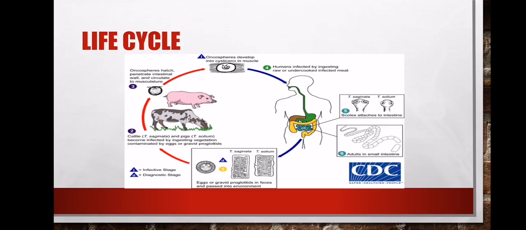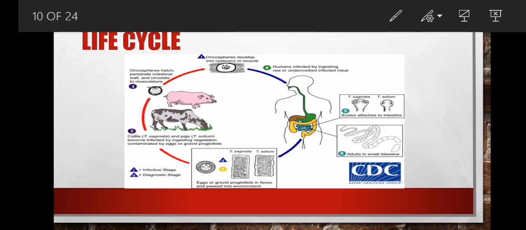Since this parasite goes to the interior part of the animal, it's an internal parasite. Then the name of it, it's a worm, and it has segments, so it will be a tapeworm.